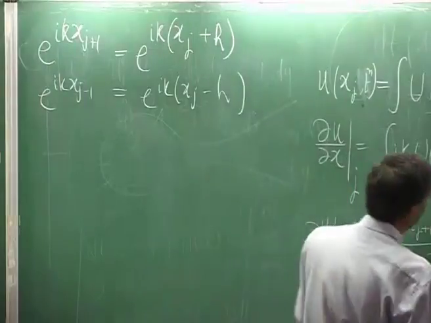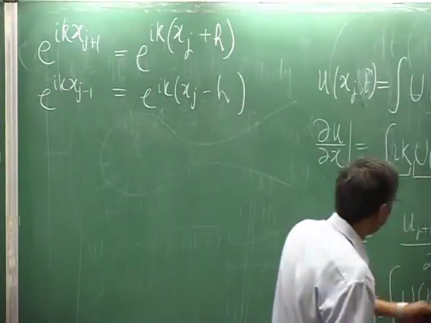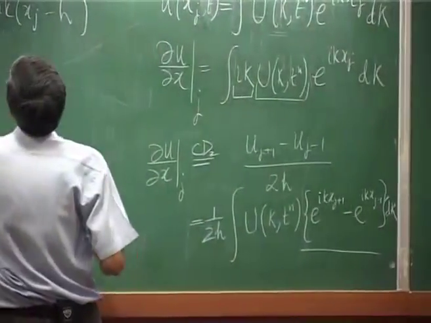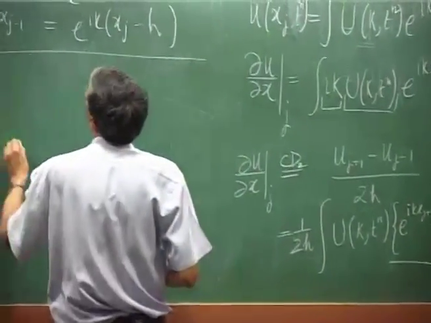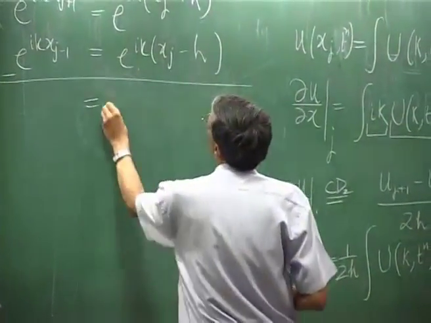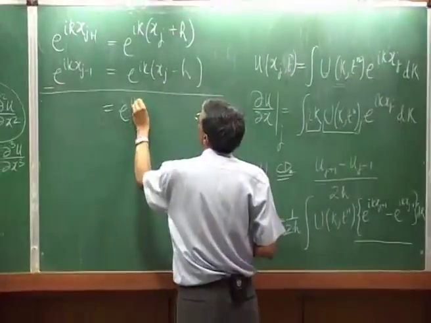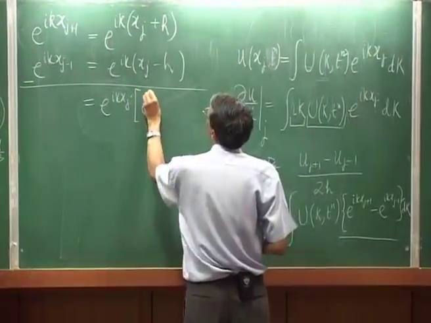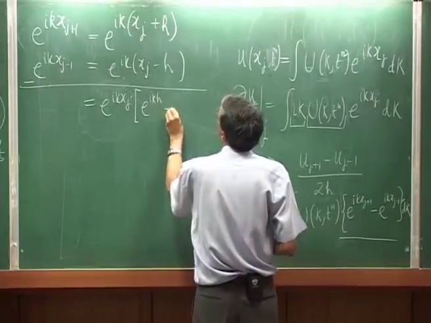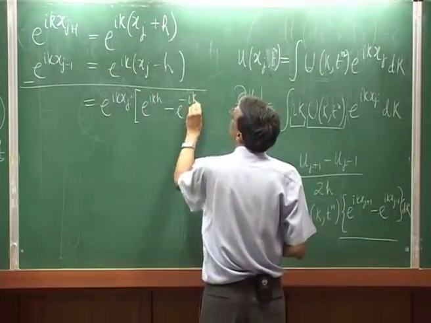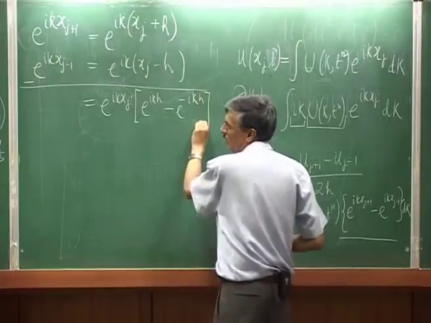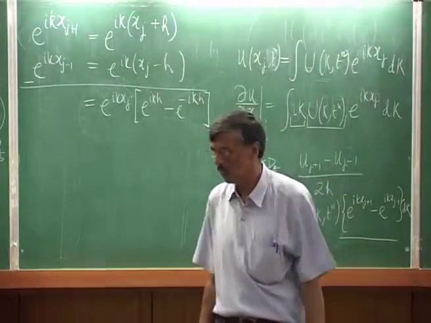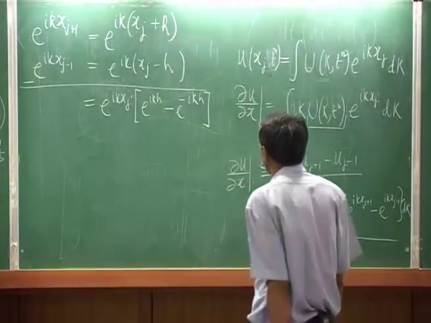So this quantity in braces here, when I subtract, what do I get? I can take the common part out, and I would write e to the power i k h minus e to the power minus i k h. Right. And what is this?